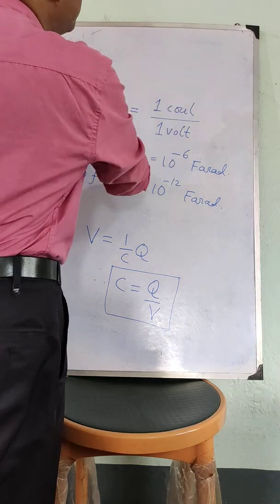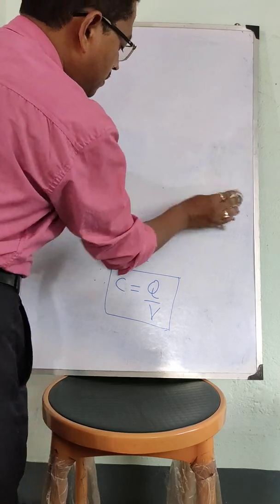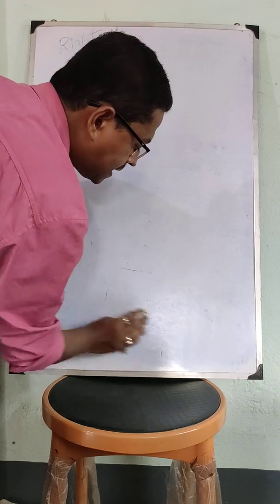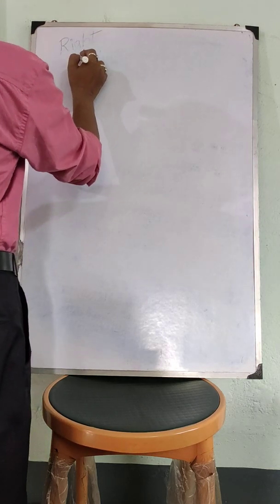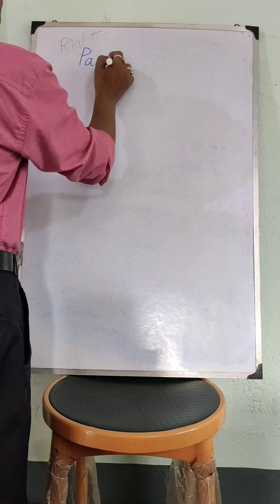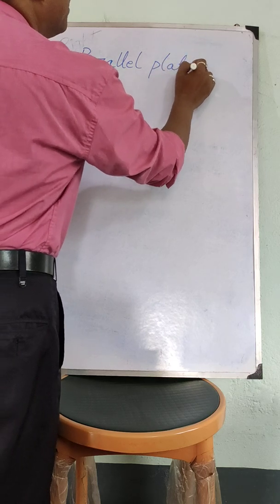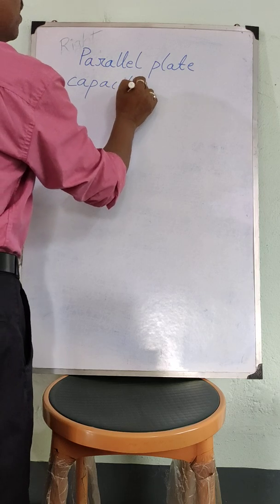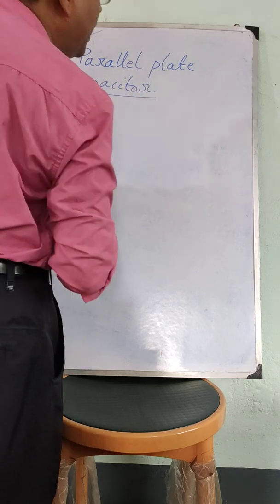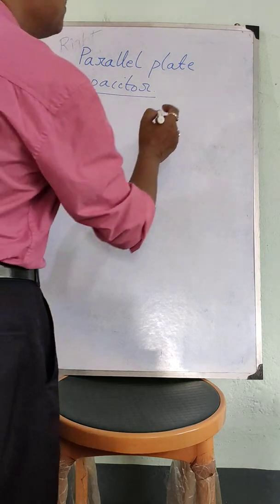So let us first discuss the parallel plate capacitor. Now a parallel plate capacitor is made up of two parallel conducting plates.